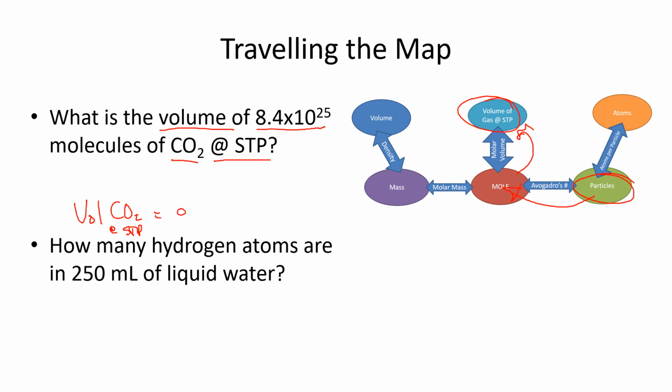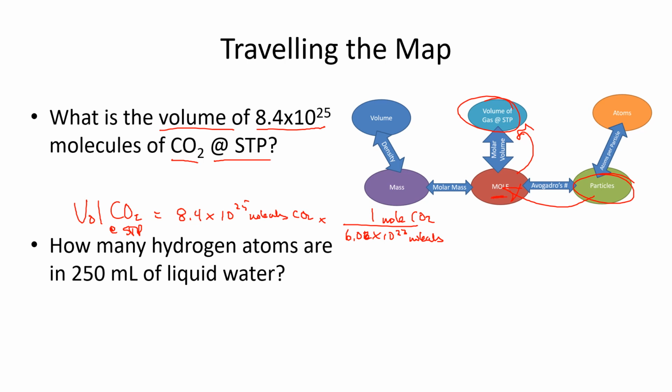And we are given 8.4 times 10 to the 25 molecules of CO2. And we know that there is Avogadro's number, 6.02 times 10 to the 23 molecules per mole of CO2, right?